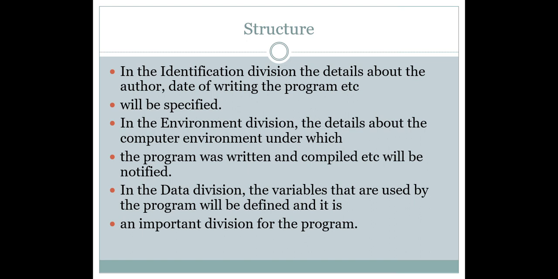Under the identification division, we include the details about the author name and the date of writing the program. In the environment division, details like the computer environment under which the program was written and the date of compilation are included.